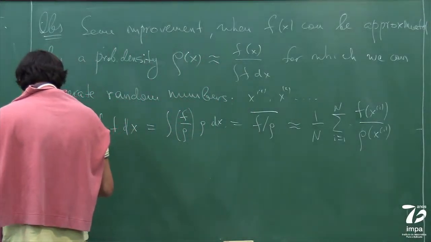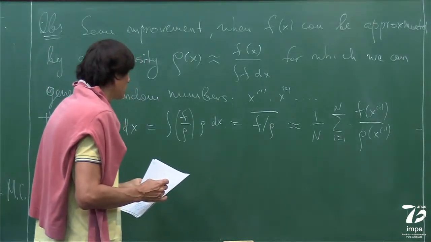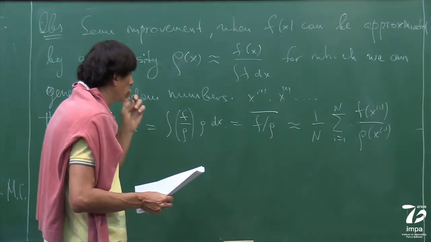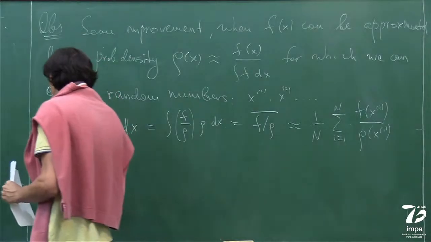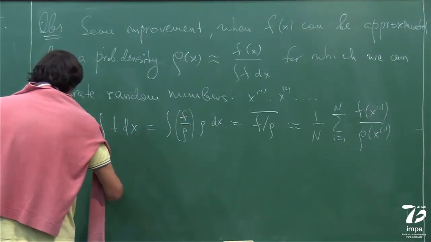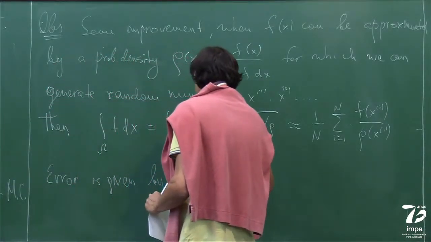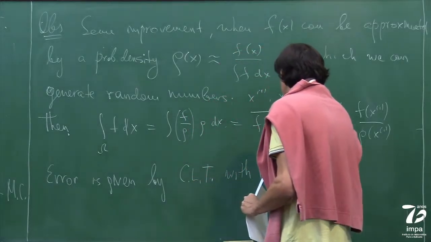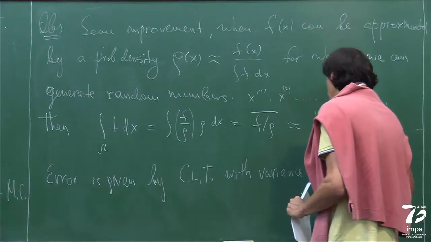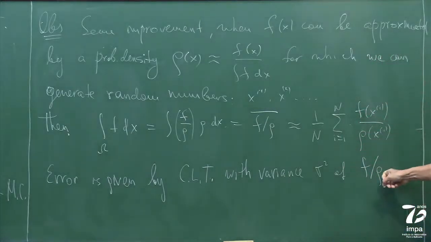So the variance, so remember that the error is given by the central limit theorem with variance sigma square of this function. So we need to compute the variance of this function to see what the error is.